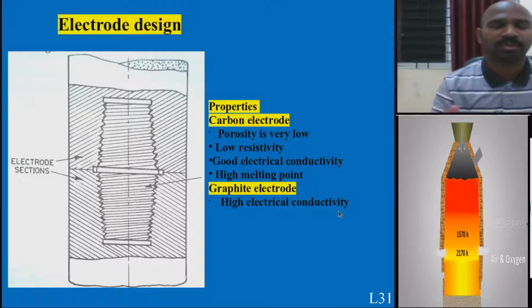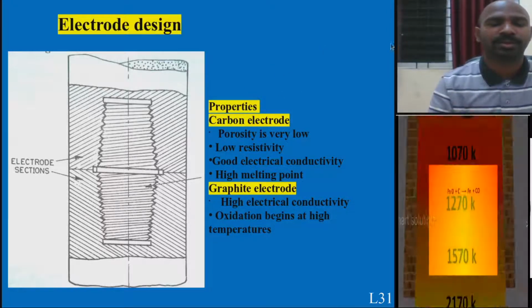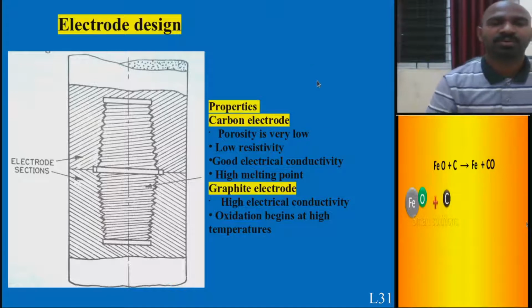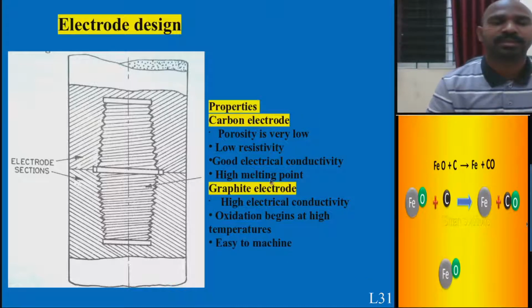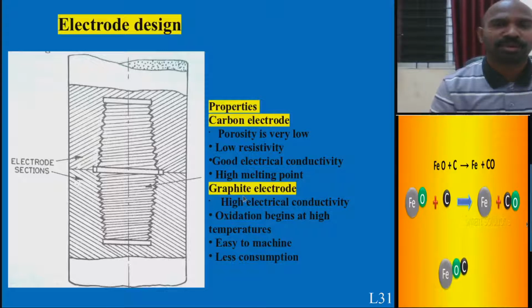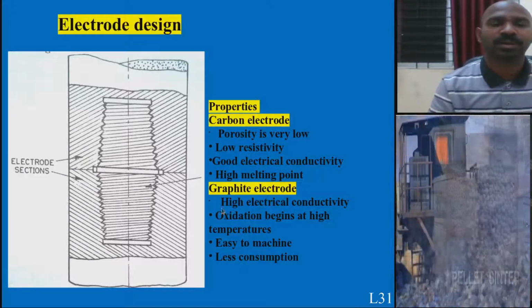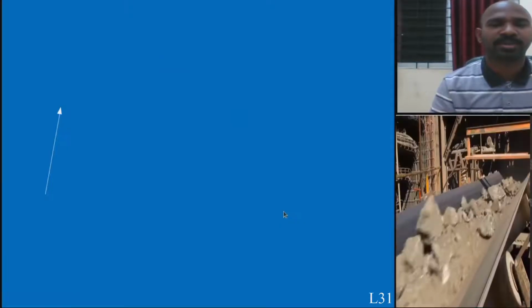It has high electrical conductivity, and oxidation begins only at very high temperature, around 2000, whereas a carbon electrode oxidizes even at 1600. That means it erodes out. Graphite is easy to machine, has less consumption and more durability. Overall, of these two, graphite is chosen as the better electrode.